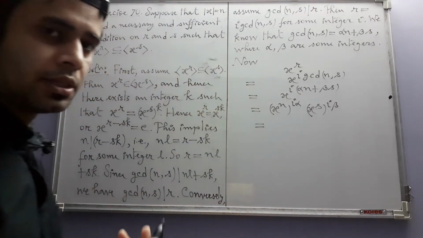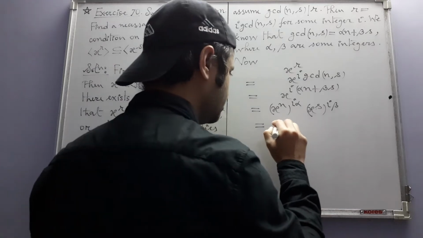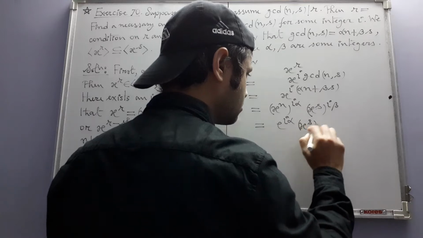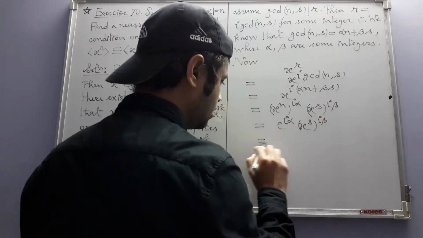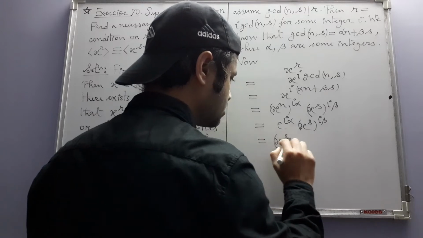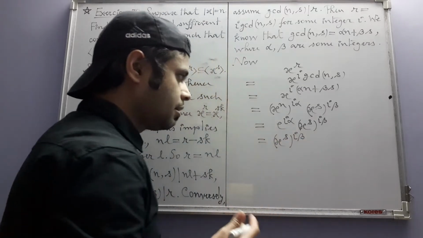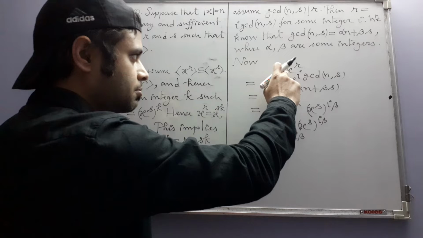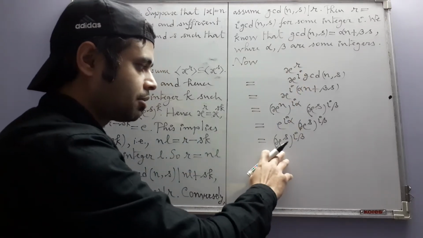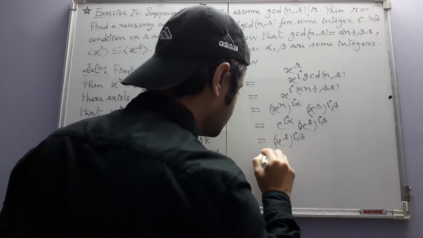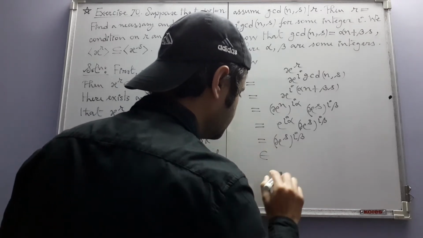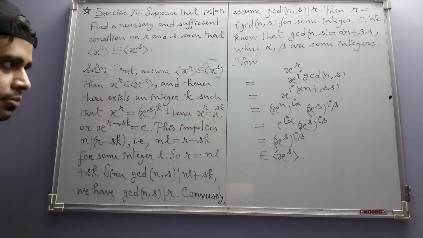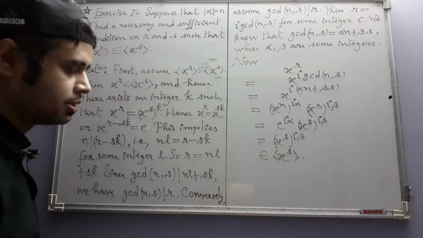Because order of x is given to be n, this will become identity. So we ultimately get this. Since l and beta are both integers, l beta is some integer. So that means we have expressed x to the power r as an integral power of x to the power s, and hence this definitely belongs to the cyclic subgroup generated by this, and that's why x to the power r belongs to this.